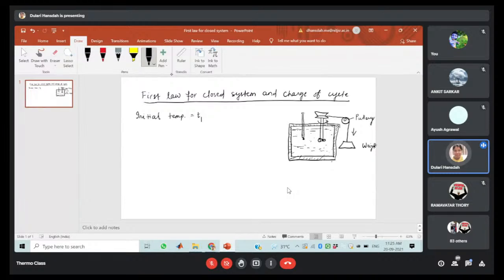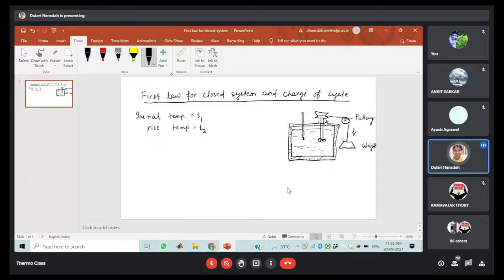So due to this paddle wheel action, there will be the work transfer. Due to this work transfer, let us consider that there will be a little rise in temperature, and that temperature we can consider as T2. In this case, pressure is constant, which is atmospheric pressure.